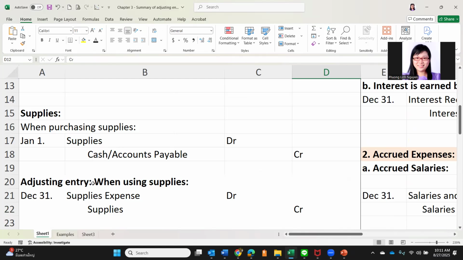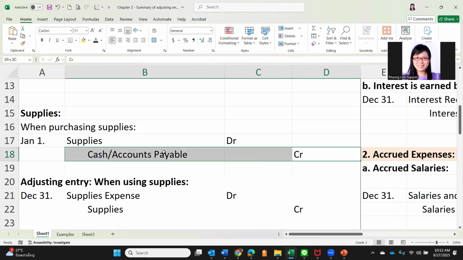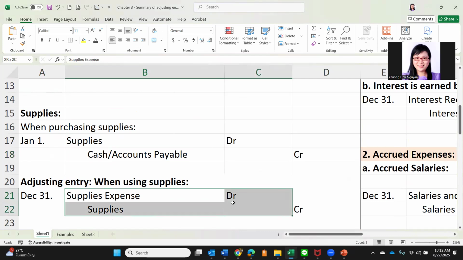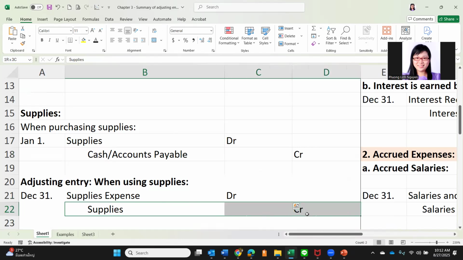When we buy supplies, we will debit supplies and credit cash or accounts payable. It depends. If you buy supplies on account, we credit accounts payable. But if you purchase supplies for cash, you credit cash. At the end of December 31, when you use the supplies, you will debit supply expense and credit supplies.